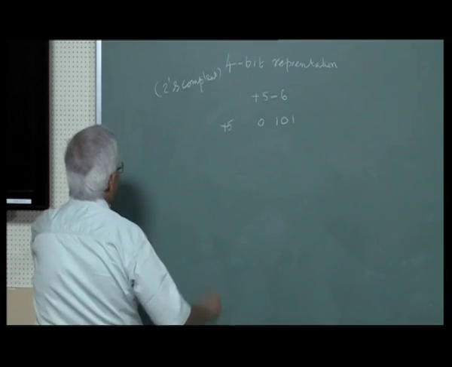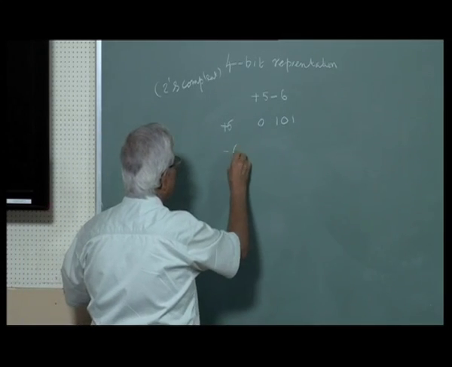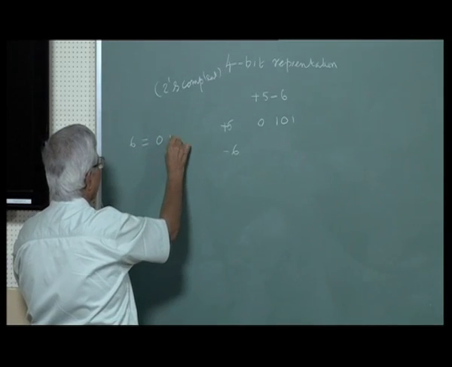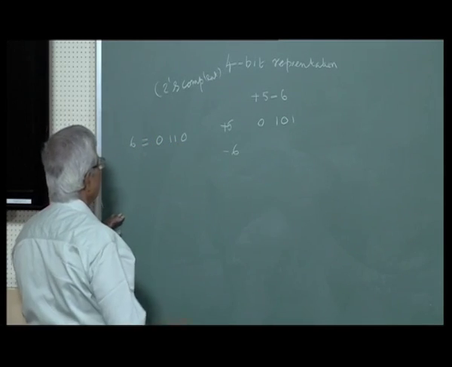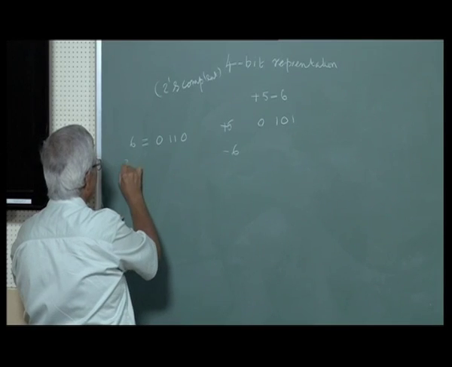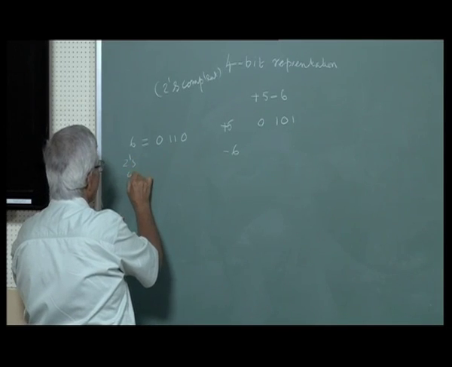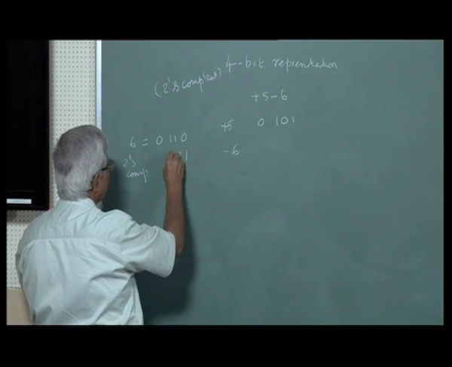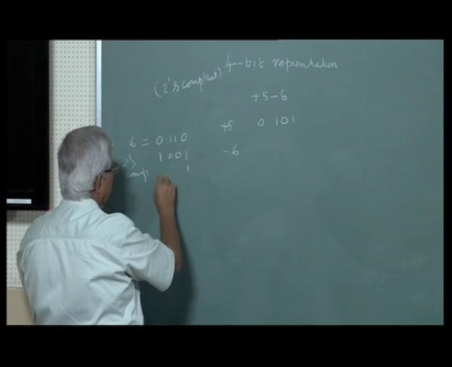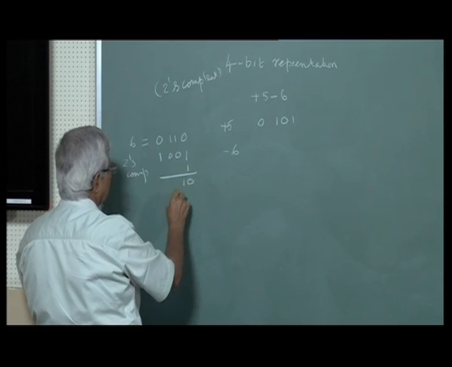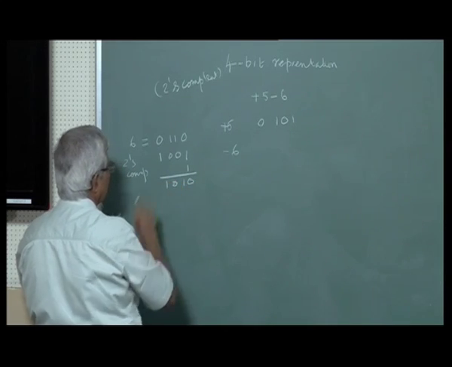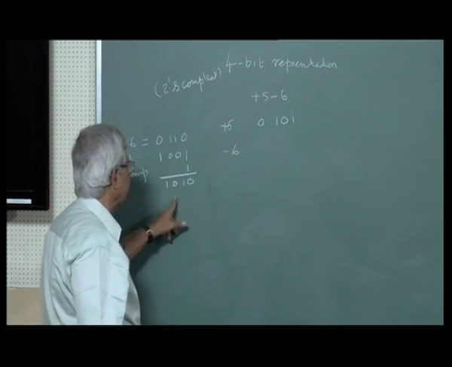Now -6. 6 is generally written as 0 1 1 0. The 2's complement of this: invert every bit, add 1. This is the 2's complement of 6.